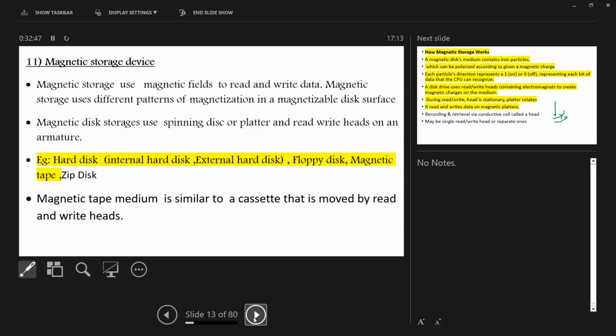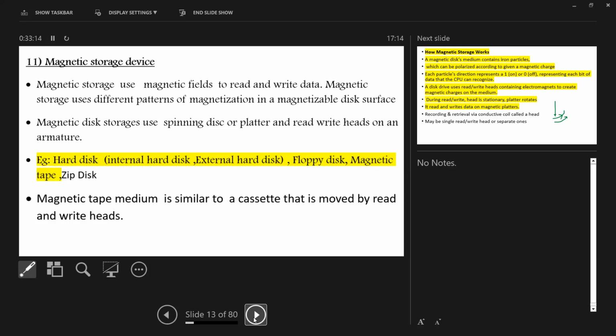Magnetic storage uses different patterns of magnetization on a magnetizable disk surface, which is arranged according to the given magnetic field.